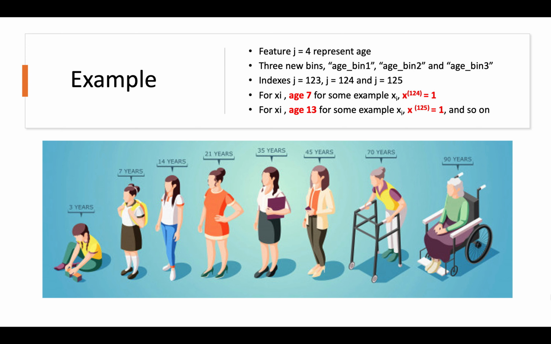And if the age for xi is 13, then x i 125 is going to be 1, and so on. In some cases, a carefully designed binning can help the learning algorithm to learn using fewer examples. It happens because we give a hint to the learning algorithm that if the value of the feature falls within this specific range, the exact value of that feature doesn't matter anymore.